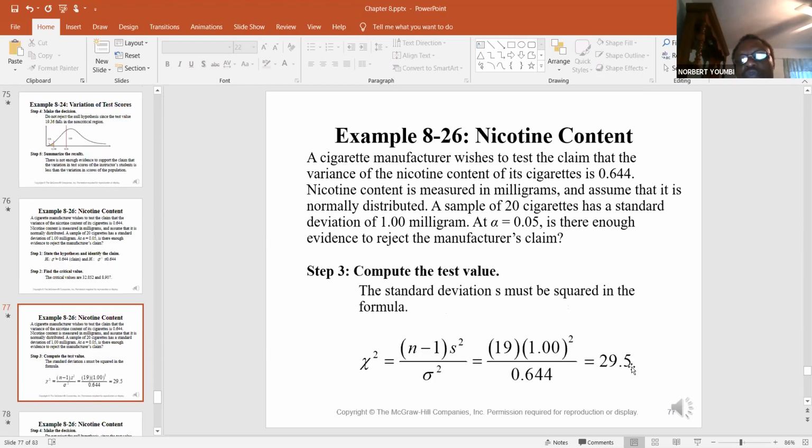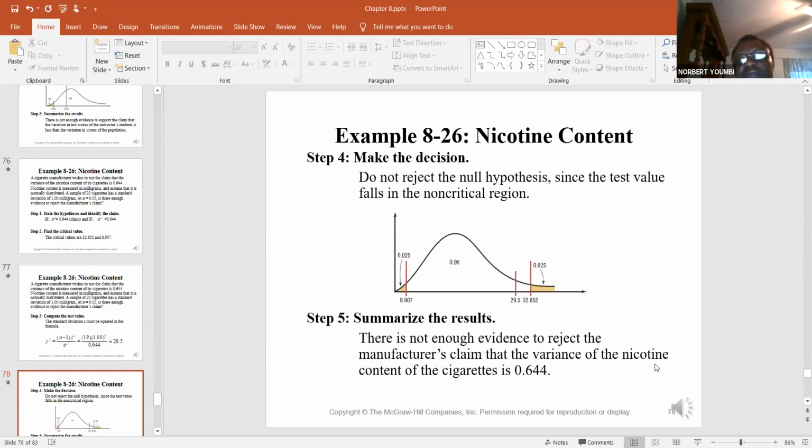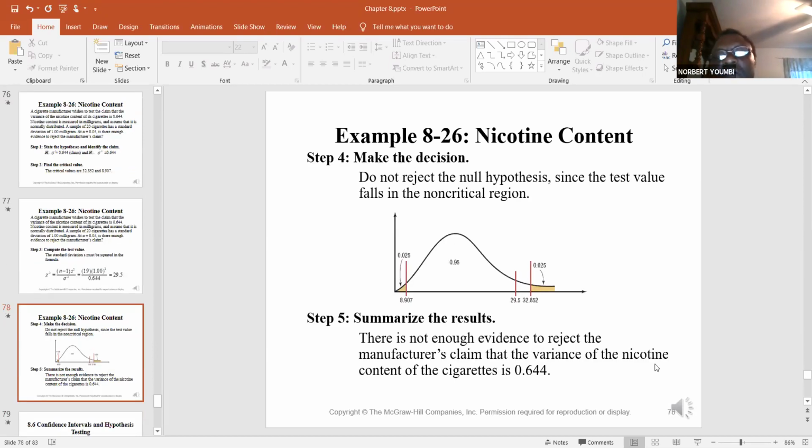The test value is 29.5. So it is not in the rejection region. So we do not reject the null hypothesis, and we conclude that there is not enough evidence to reject the manufacturer's claim that the variation of the nicotine content of the cigarette is 0.644.